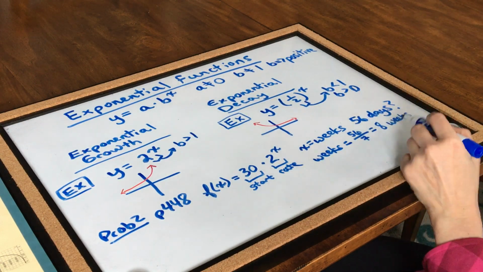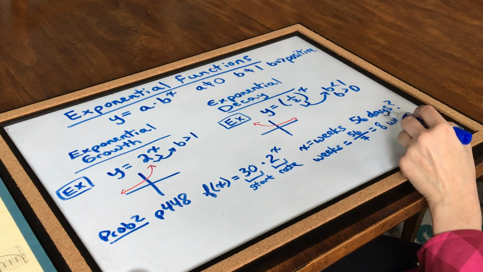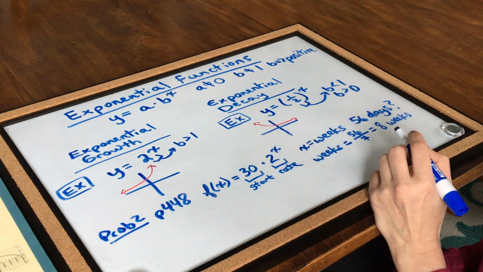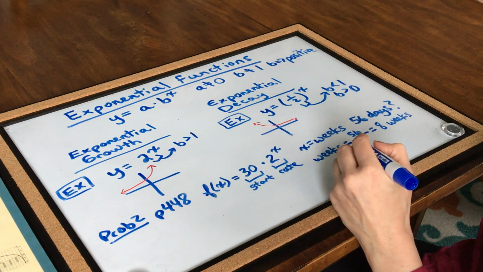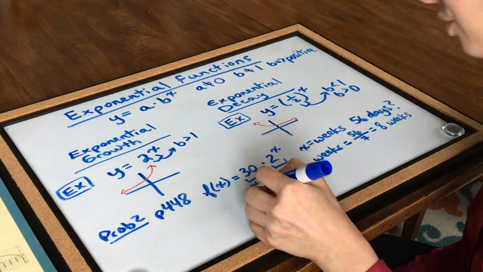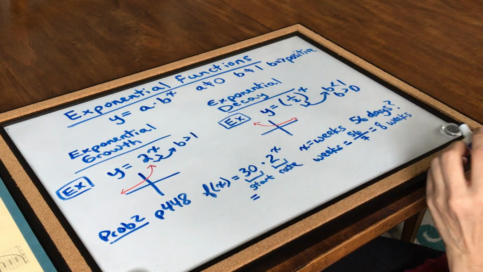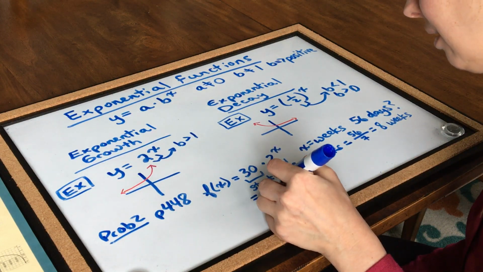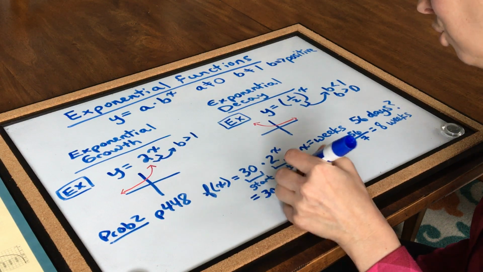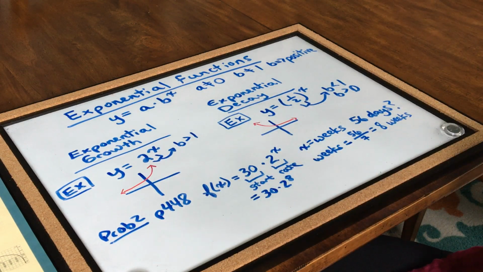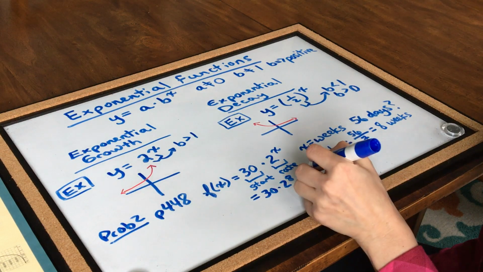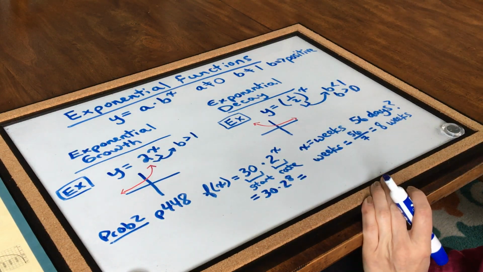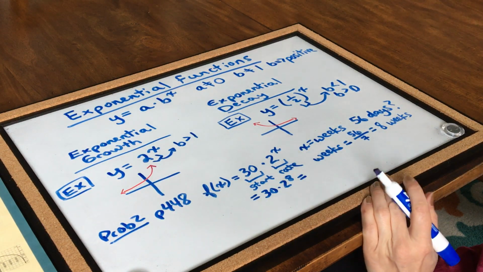Hooray. Now that I have the number of weeks, I can plug this in for x and find out what this function would equal. My function equals 30 times 2 to the 8th power, and 2 to the 8th power is equal to 256.